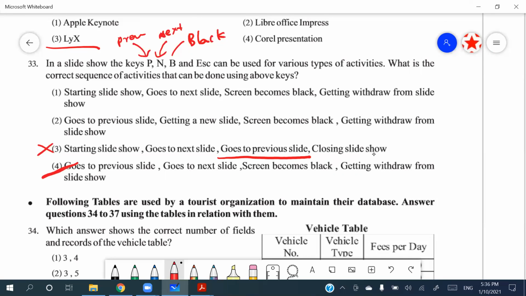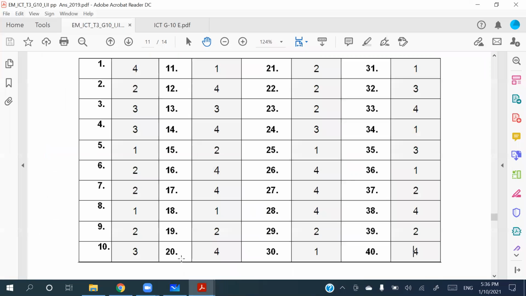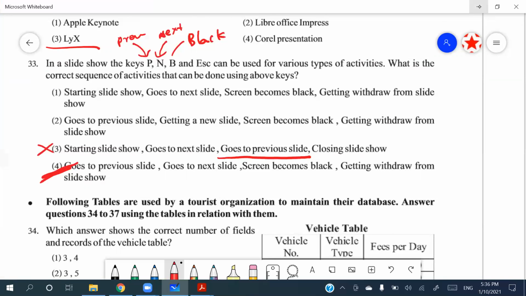It's going to be the fourth one. Let me check the answer for the 33rd. Yes, it is the fourth one. People, specifically go through these things, because you are doing the examination, right?